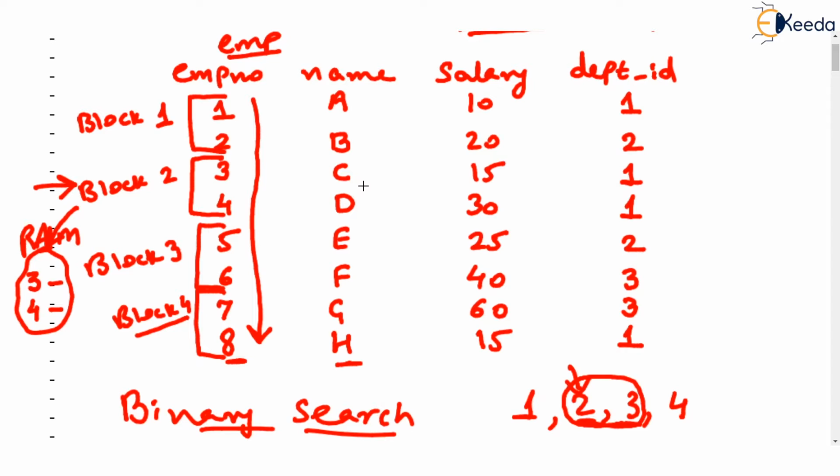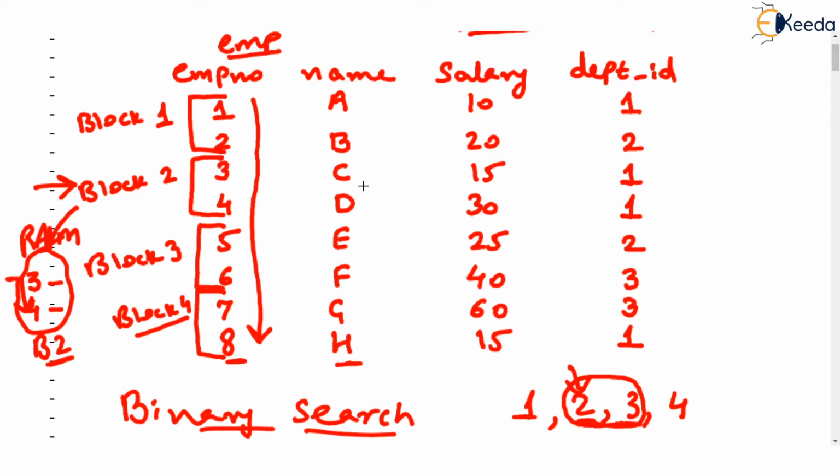Now the system has got this second block in the RAM. It will search this block record by record and know that this block does not have employee number 8. But here comes the big point of binary search. If the record with number 8 is not there in this block, which is block B2, then where can employee number 8 be?